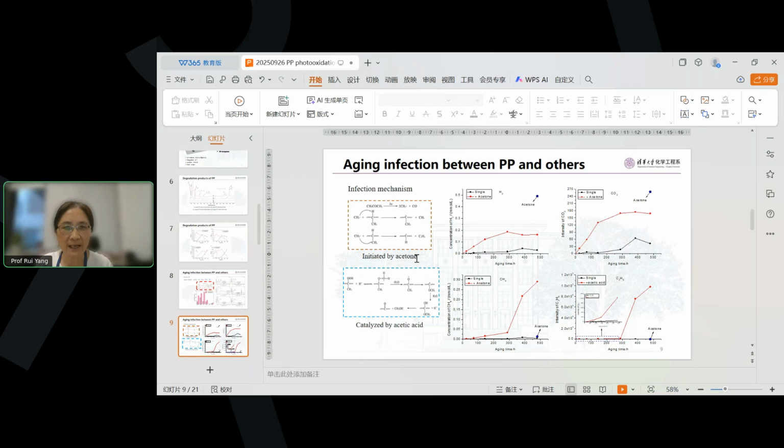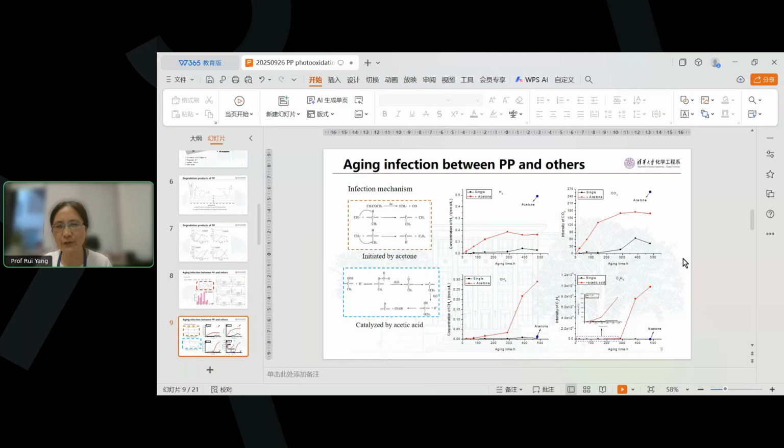The acetone helps to initiate the photo-oxidation by forming free radicals easily. But acetic acid just helps to transfer the free radicals and catalyze, to accelerate the whole photo-oxidation aging, but it does not have a higher initiation speed.